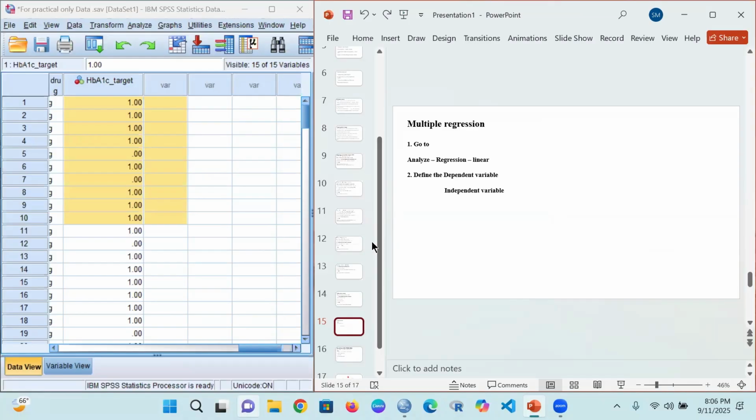To do a multiple regression in SPSS, we have a lot of steps that we have to follow before we do the multiple regression. There are a lot of factors that you have to key in so that we can get the correct data.